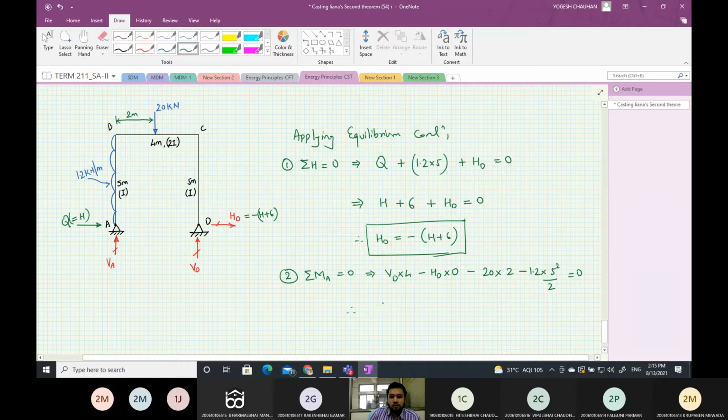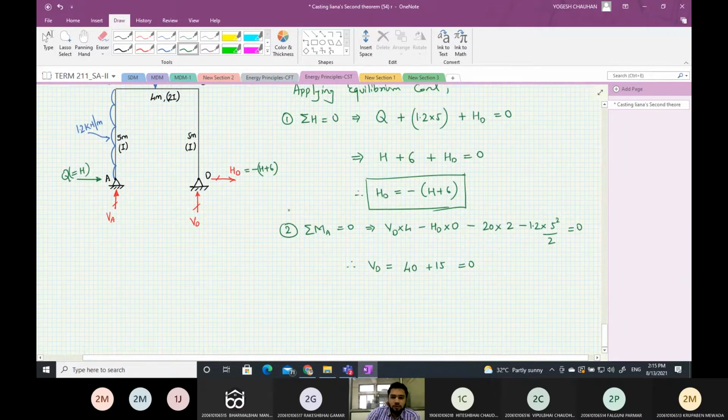So you will have VD is equal to, this term is 0, this will go on the right, so it will be 40 plus 15 equals to 55.